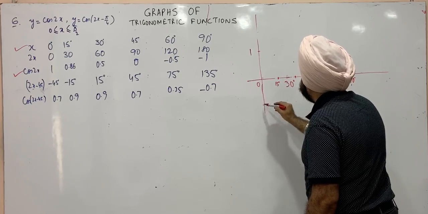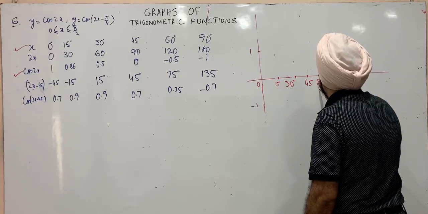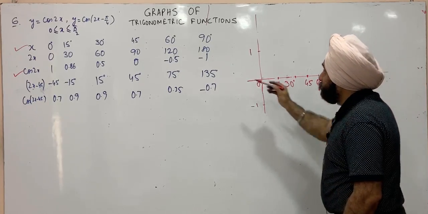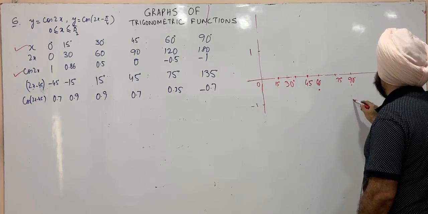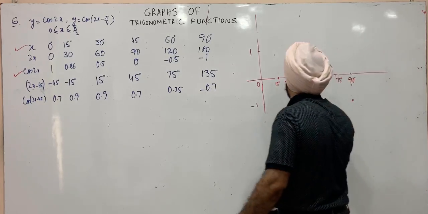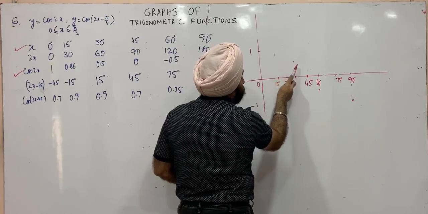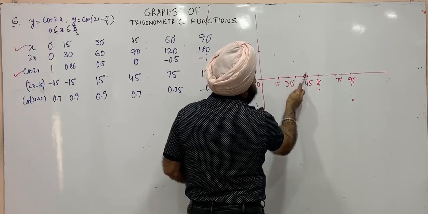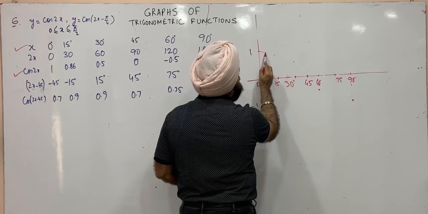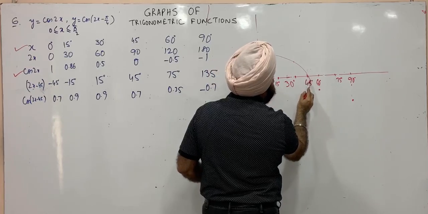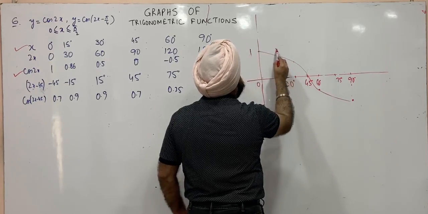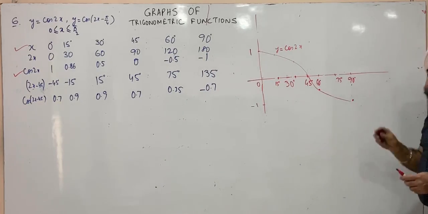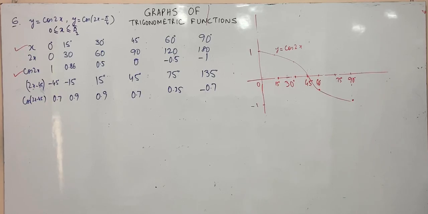So this is 1, this is minus 1, so minus 0.5 will be here. Then at 90 degrees, it's minus 1. So we can join these points. These are the points 1, 2, 3, 4. We can have some practice and then join freehand, and this is the graph of y equal to cos of 2x.